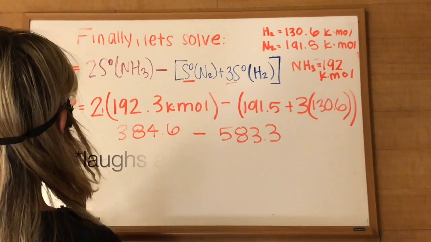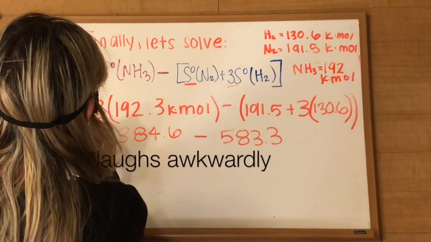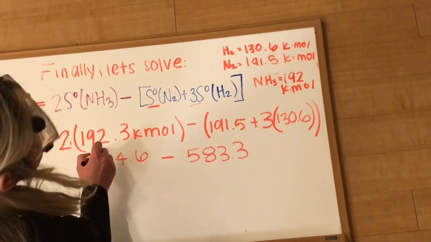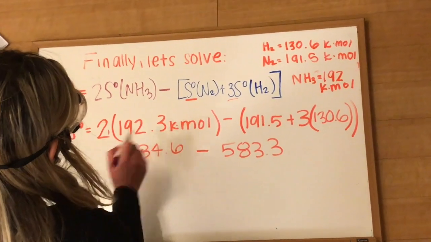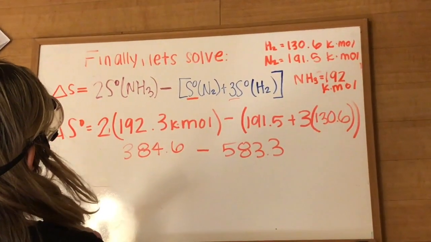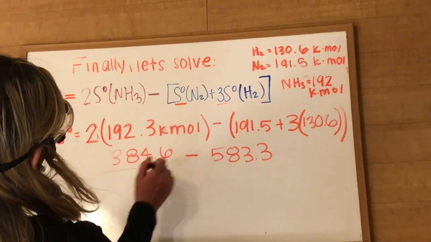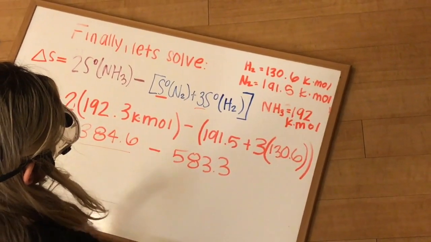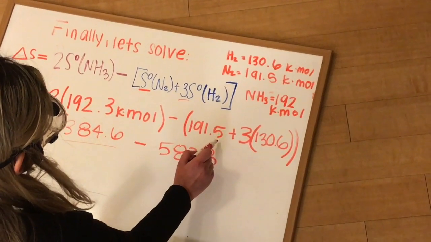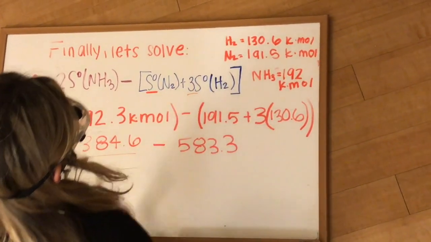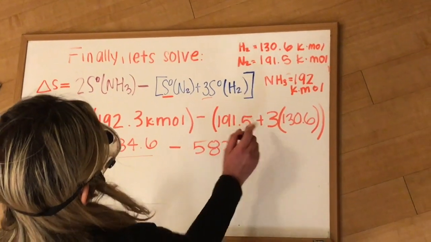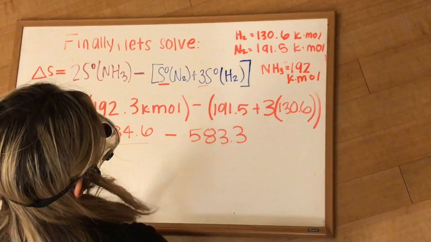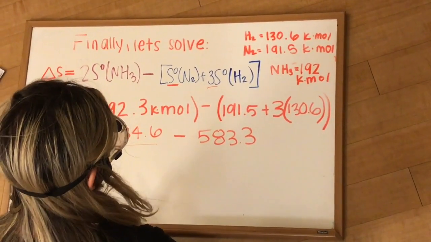Now that we have the molar entropies for our reactants and products, and we've set up how to properly solve this equation, let's plug and chug. We have 2 moles of our product ammonia, which has a value of 192.3 for its standard entropy. 2 times 192.3 comes out to 384.6. Now let's see what we get on this side. We do 191.5 times 1, since there's only 1 mole of nitrogen gas, plus 3 moles of hydrogen gas with a standard molar entropy of 130.6.